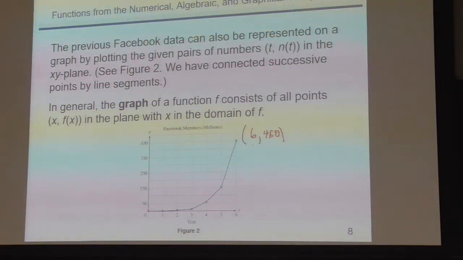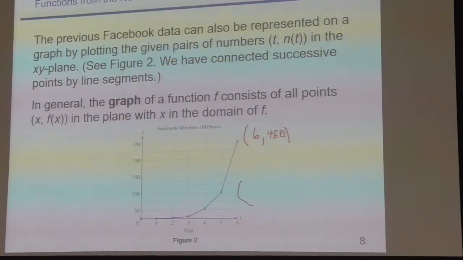And what are the coordinates of this point? (5, 150), if I can read it right, it's 150. Everyone agree? Now let me ask you another thing. What is N of 5? 150.